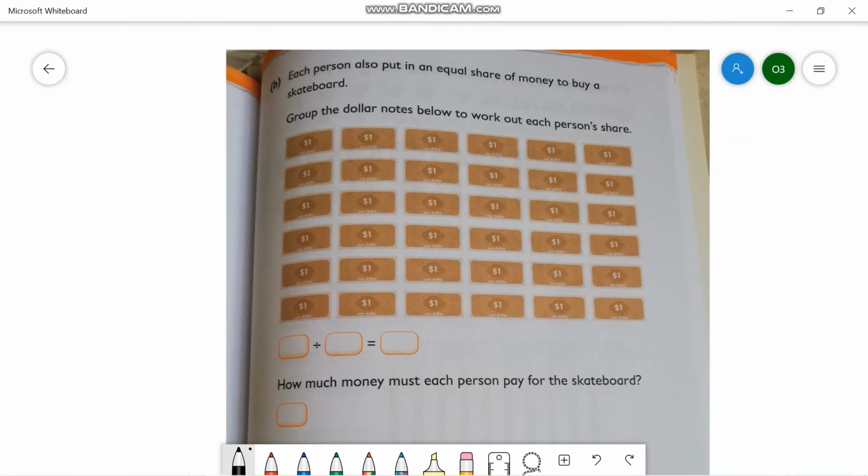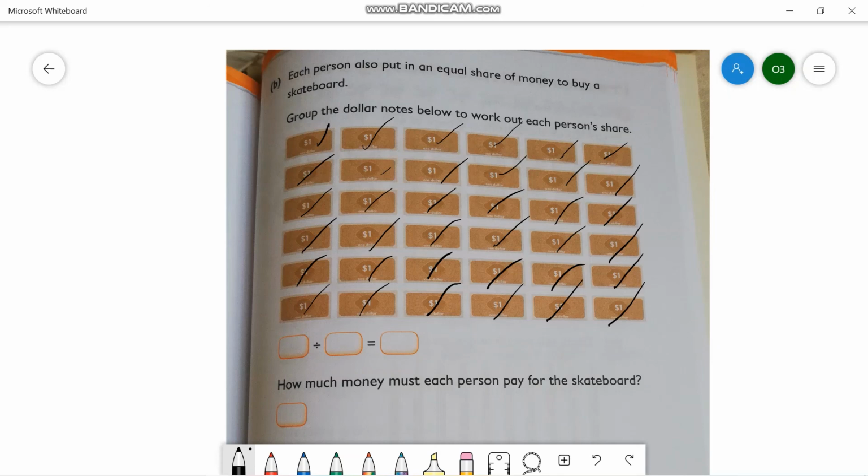So we have 1, 2, 3, 4, 5, 6, 7, 8, 9, 10, 11, 12, 13, 14, 15, 16, 17, 18, 19, 20, 21, 22, 23, 24, 25, 26, 27, 28, 29, 30, 31, 32, 33, 34, 35, 36. So it's 36.